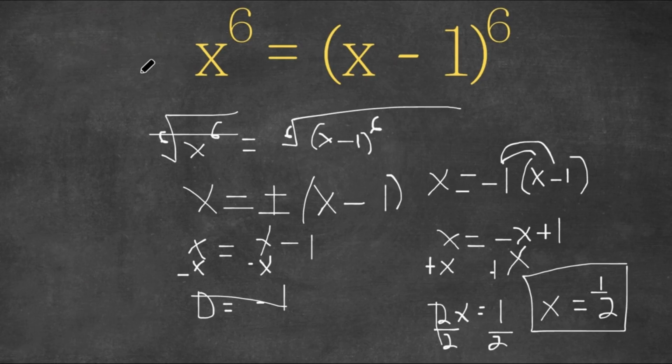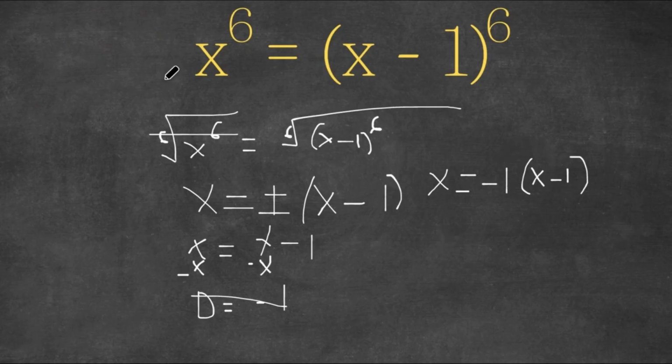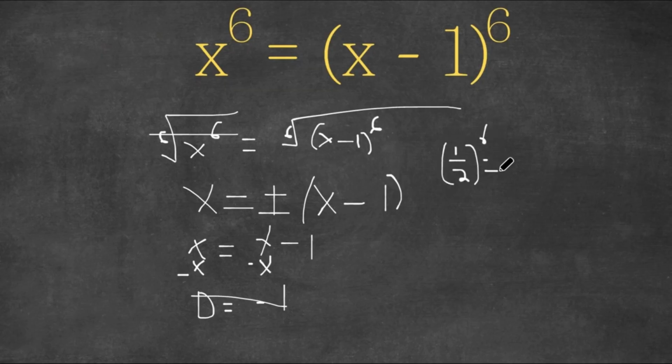Now let's check to see if it works. Why don't we plug 1/2 into our equation here? So this is going to be 1/2 to the power of 6 equals 1/2 minus 1 to the power of 6. Well, 1/2 to the power of 6 is going to be 1/64. And this equals, well, 1/2 minus 1 is simply -1/2.